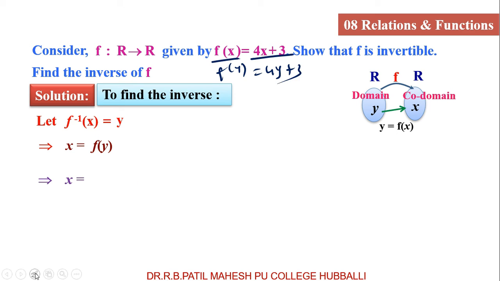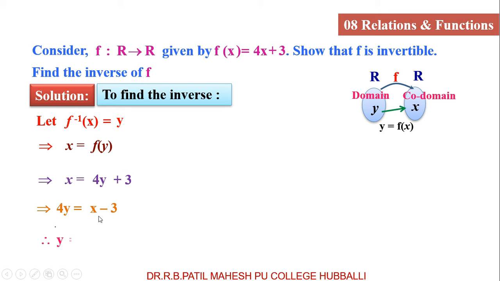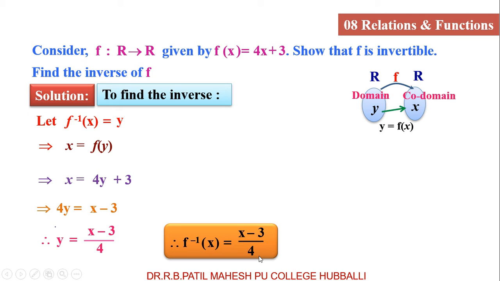So now I am going to replace f of y by 4y plus 3 and calculate for y. 4y is equal to x minus 3 and y is equal to (x minus 3) upon 4. So f inverse of x is equal to y we have denoted. So f inverse of x is equal to (x minus 3) upon 4. This is the inverse of the function.